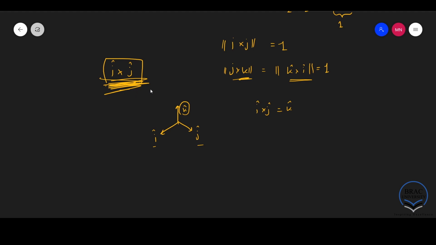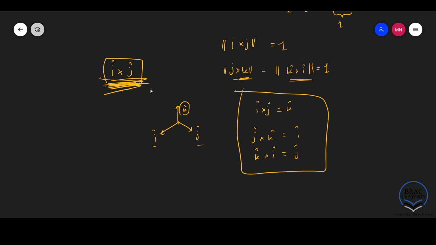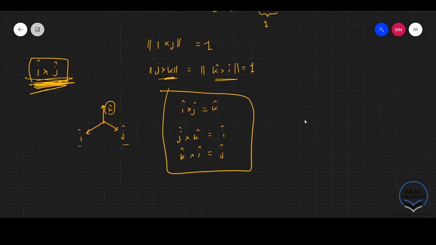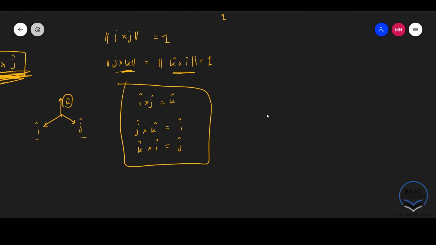Similarly, if I use the right-hand rule, I can also find that j cross k will give me i, and k cross i will give me j. I can determine all of this by using my right-hand rule. And there is also an easy way to remember this. I can just consider the following diagram where I have i, then j, and then k. If I go in this clockwise direction, then I can see that i cross j will give me k, j cross k will give me i, and then k cross i will give me j.